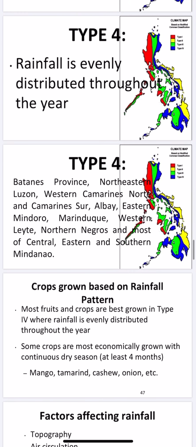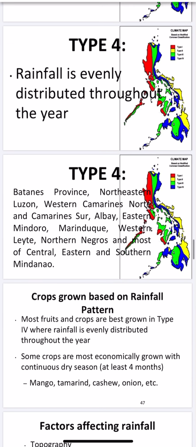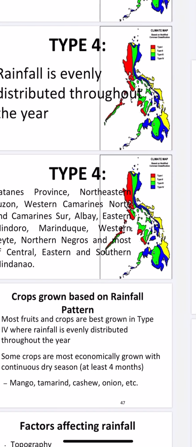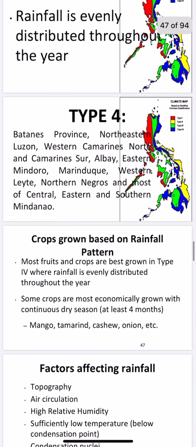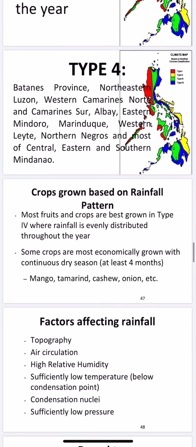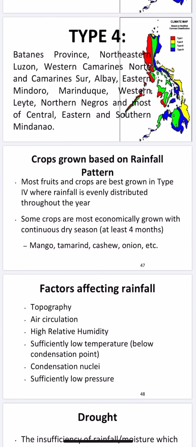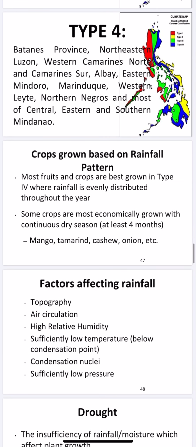And for type 4, where rainfall is evenly distributed throughout the year, we have Batanes Province, northeastern Luzon, western Camarines Norte, Camarines Sur, Albay, eastern Mindoro, Marinduque, western Leyte, northern Negros, and most of central, eastern, and southern Mindanao. So mostly.